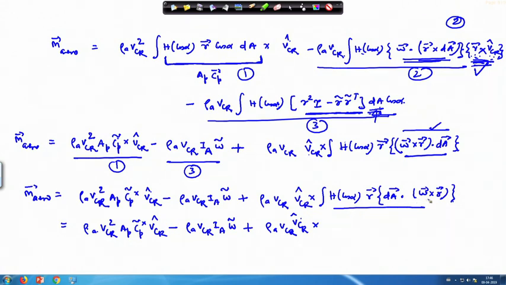If we change the order of this, instead of writing it like this, we write here r cross omega, h cos alpha r, dA dot r cross omega.